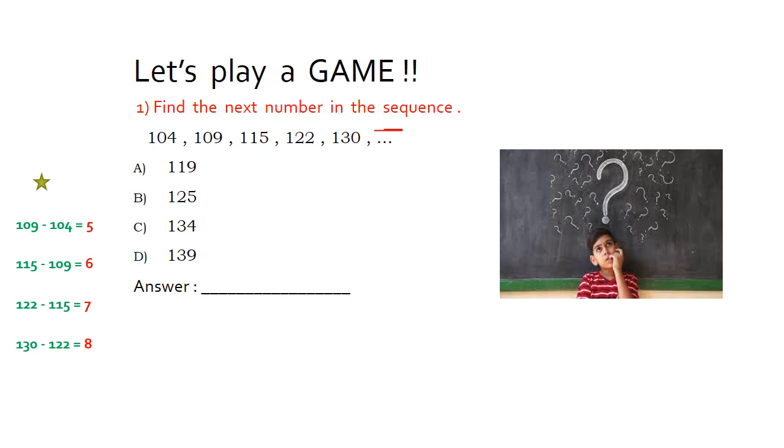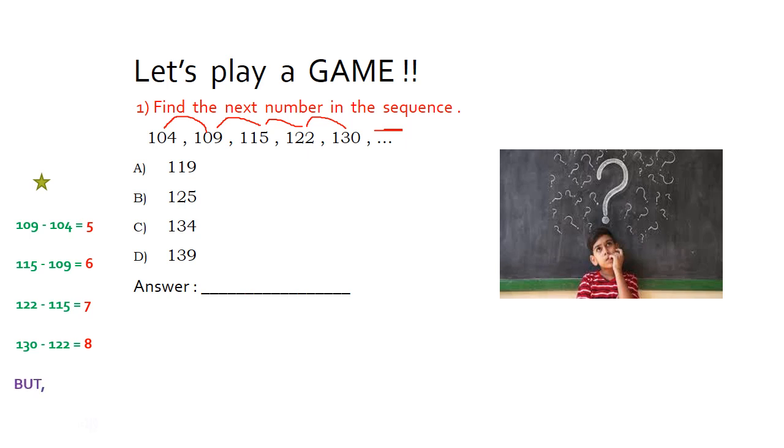So what I have done here? Here I subtracted the succeeding term and its preceding term. Now when we are subtracting previous number from its next number, look at the difference we get. Now here the result is continuous natural numbers. In the first relation we get 5, 6, 7, 8.